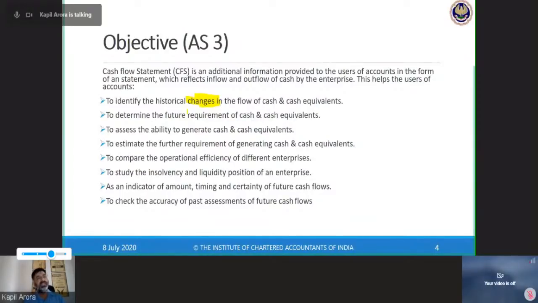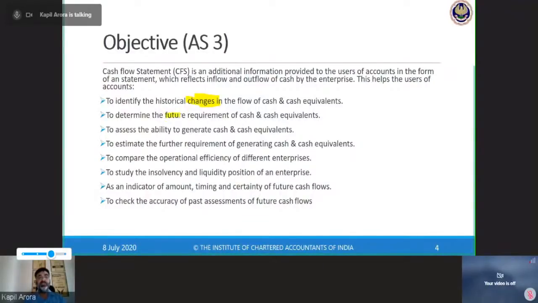So what is the historical change in the flow of cash or cash equivalent? So whenever there is a change in cash in the cash flow statement, what exactly is that? How exactly has it come?